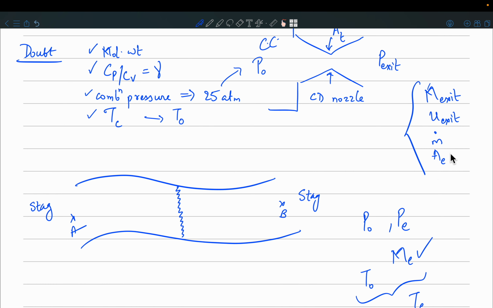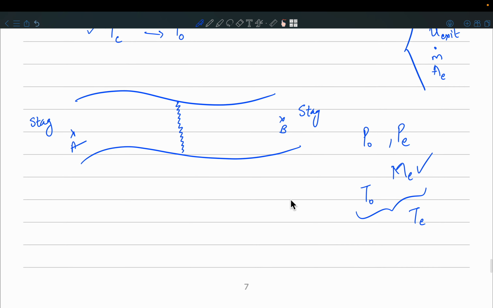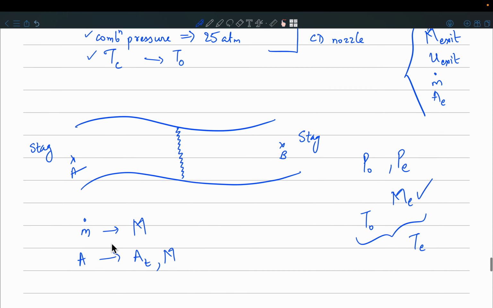You know how to find m dot and A exit. You have a formula which relates the mass flow rate to Mach number, right? And you would have area related to the throat area and to the Mach number, right? So you can find m dot and A from those formulas.